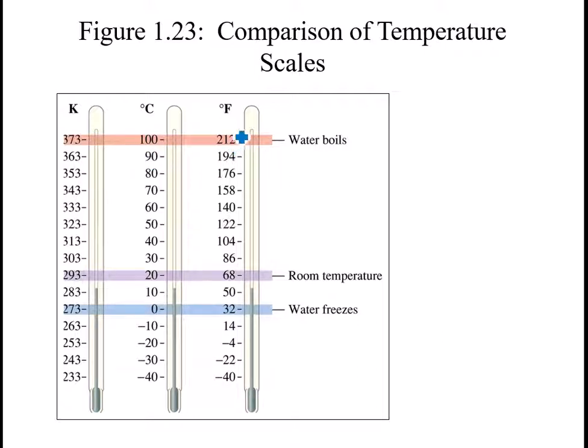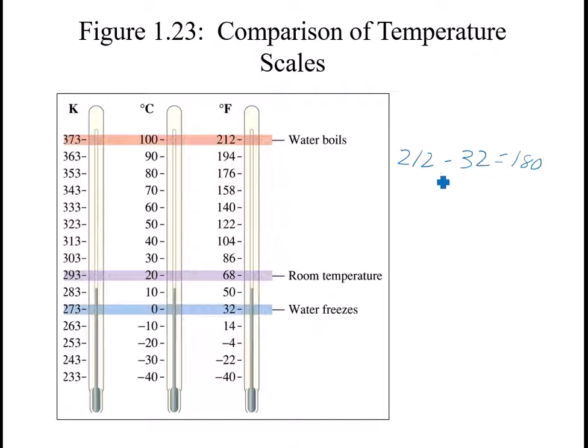The more complicated part is from Fahrenheit to Celsius. Okay, and the way that I get that is that I'm going to take the difference. So for Fahrenheit, it's 212 degrees minus the 32. So this is the temperature the water boils and water freezes. The difference between these is 180.